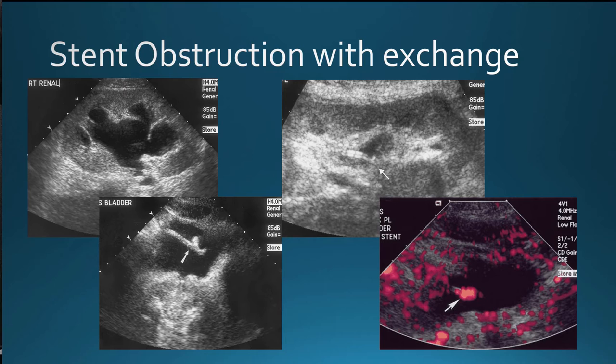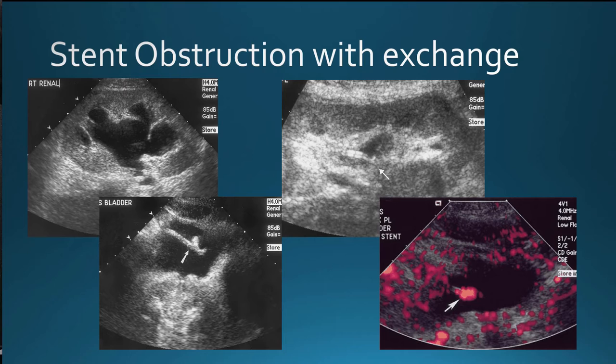I will just give a cautionary caveat that without old films, including a series of old films, one image of the kidney in the setting of a stent in place can be difficult to evaluate.